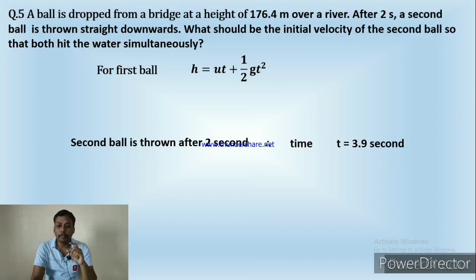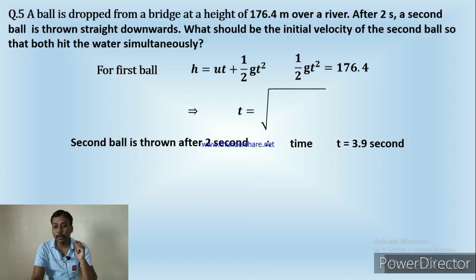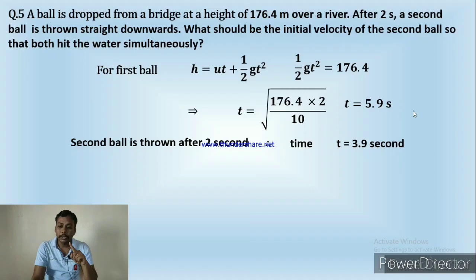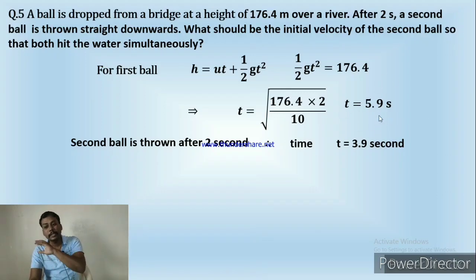So ut becomes 0, means h is equal to half gt square, that is half gt square is equal to 176.4, and from this if we calculate t, then t is equal to under root of 176.4 into 2 upon 10, because t square is there. If we simplify it, then we get t is equal to 5.9 seconds. So the time required for the first ball to touch the water is 5.9 seconds.